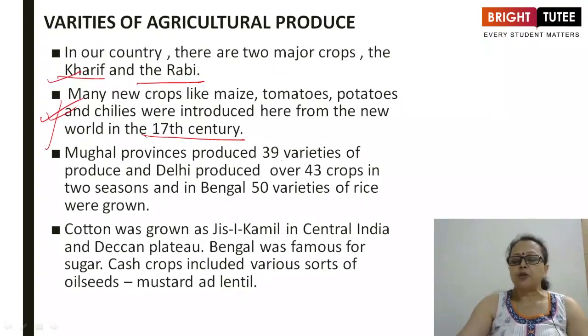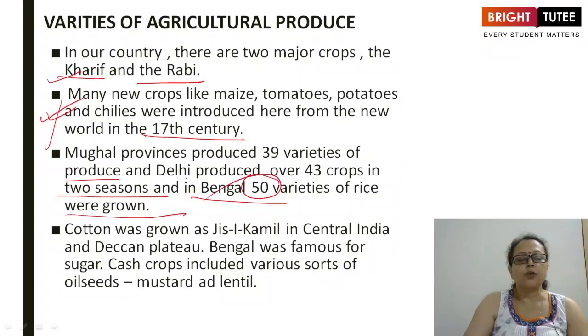Mughal provinces produced 39 varieties of produce, and Delhi produced over 43 crops in 2 seasons. Different types of crops were grown. In the Bengal region, 50 varieties of rice were grown.